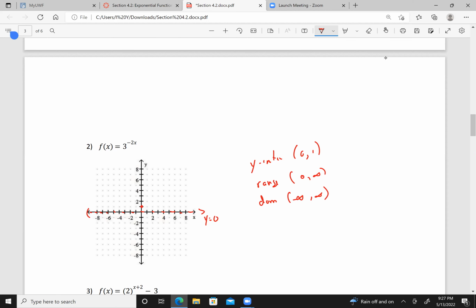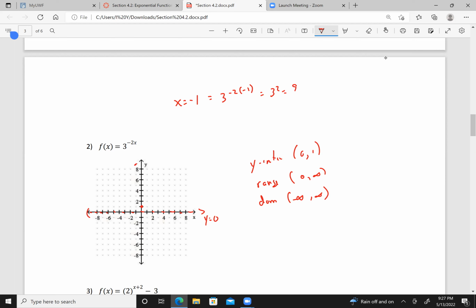Now, if we graph some more points, what happens if I let x equal negative 1. If x equals negative 1, I get 3 to the negative 2 times negative 1, 3 squared, which is 9.